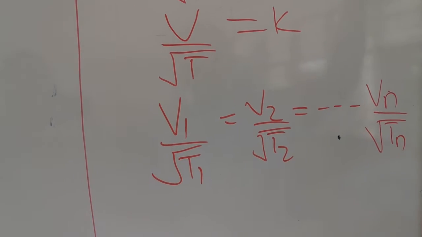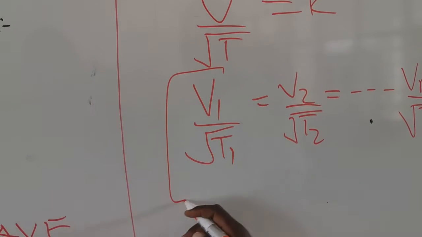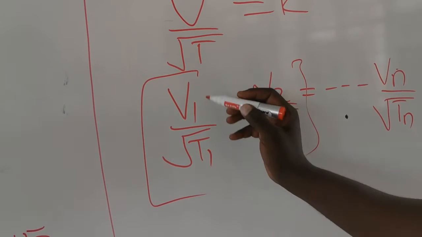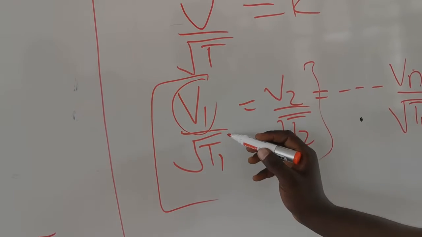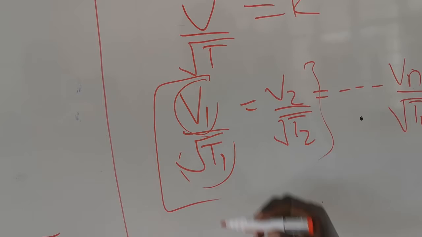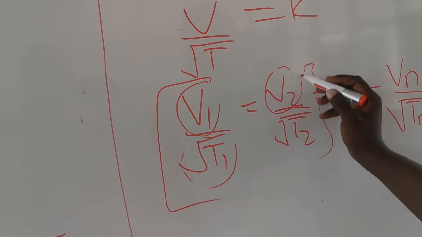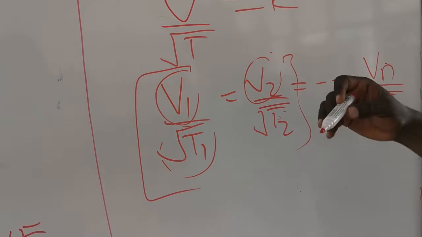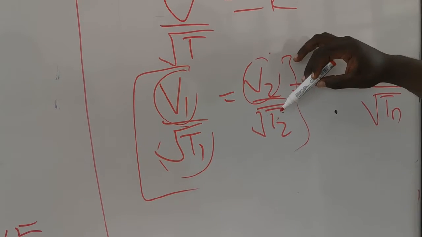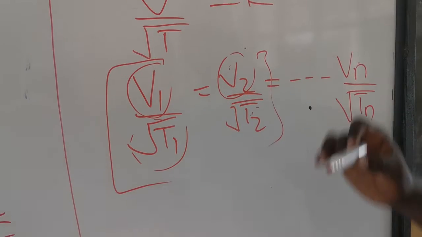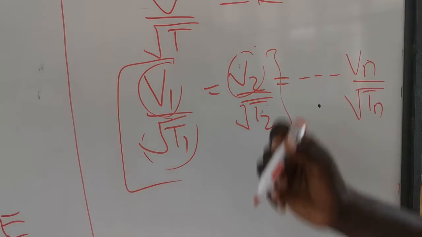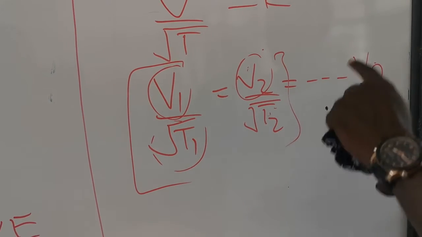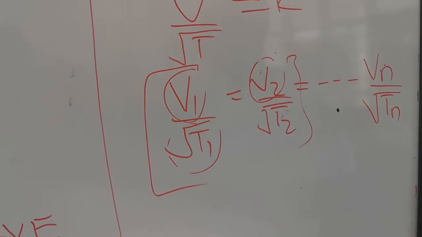But katika maswali yetu mengi sana huwa tunatumia only variable mbili. Unaweza ukapewa velocity 1, absolute temperature ya kwanza, ukaulizwa either velocity 2 wakati tukiwa tuna absolute temperature ya pili, au ukaulizwa absolute temperature 2 wakati tukiwa tuna velocity ya pili. Kwa hiyo hii ndio jinsi ambavyo velocity of sound inakuwa affected na absolute temperature.